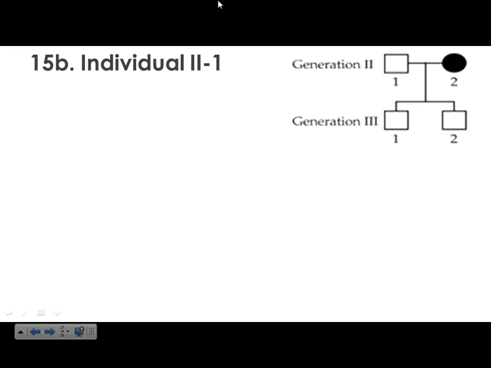Next question. Use a Punnett Square to explain why you are unsure about the genotype of individual 2-1. So we just went through that. We know that the offspring must be big A little a. We know that mom is little a, but we're not sure which one this is going to be.